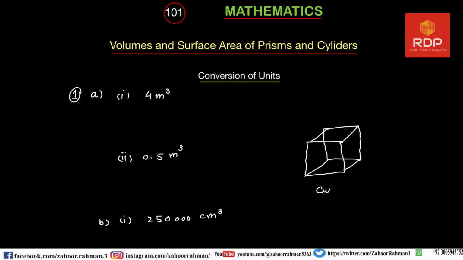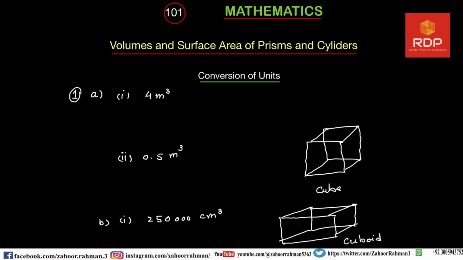This is a cube. But if not all the sides are equal, and the length is different from the width and height, then it is a cuboid. This is a cuboid and that is a cube.